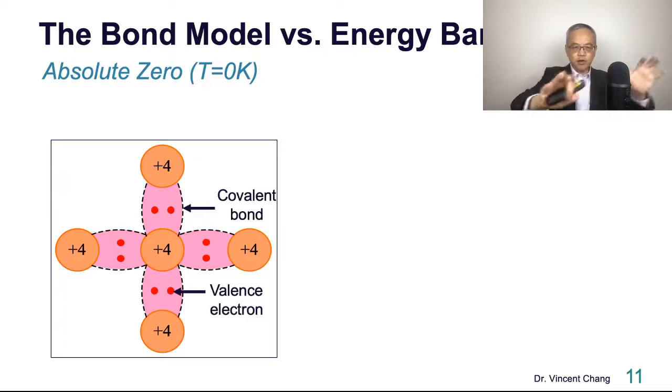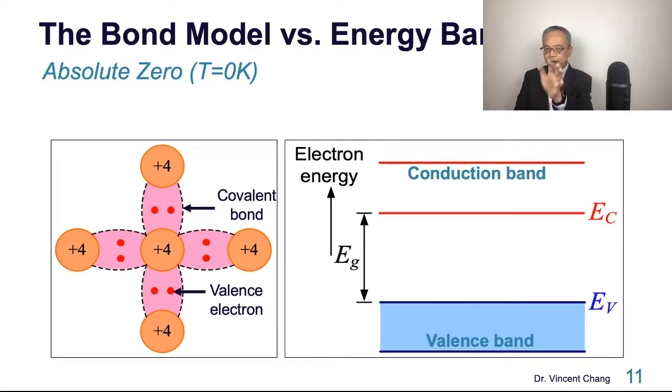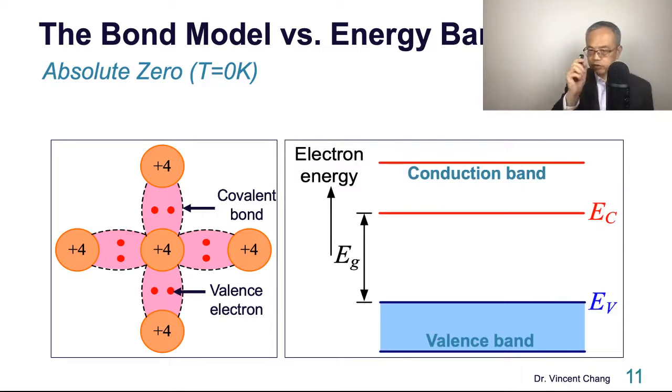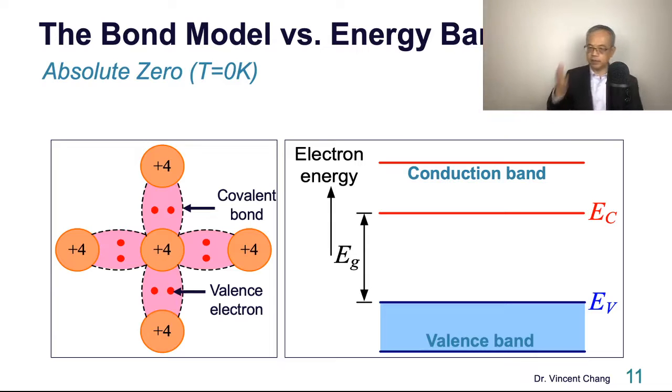If you travel in the crystal, you see no electron transporting, no conduction electron, insulator. But in the language of the energy band, you say the valence band is fully occupied and the conduction band is empty, insulator.